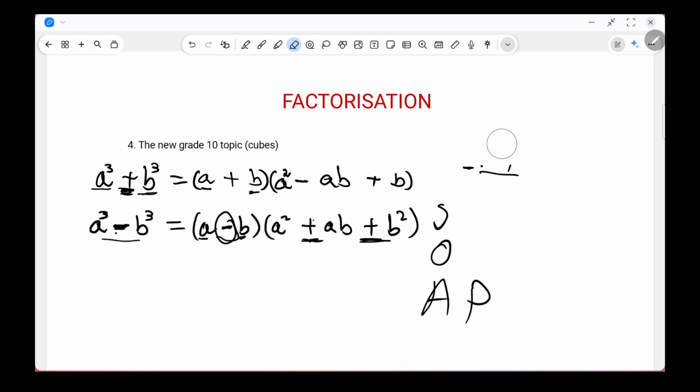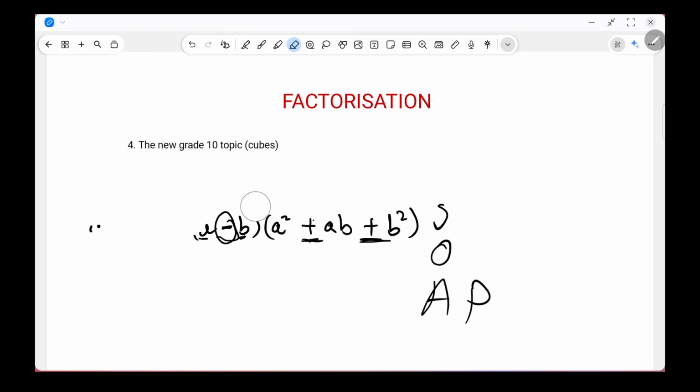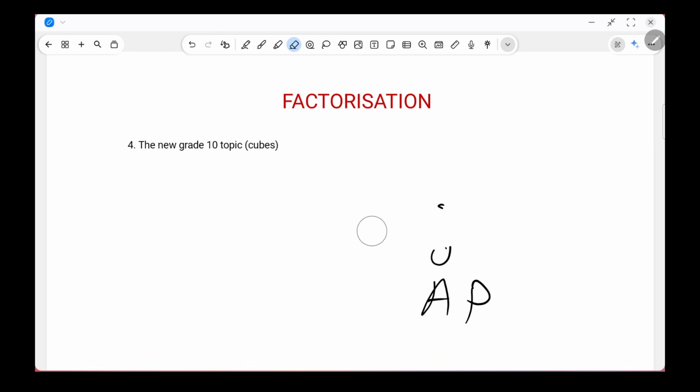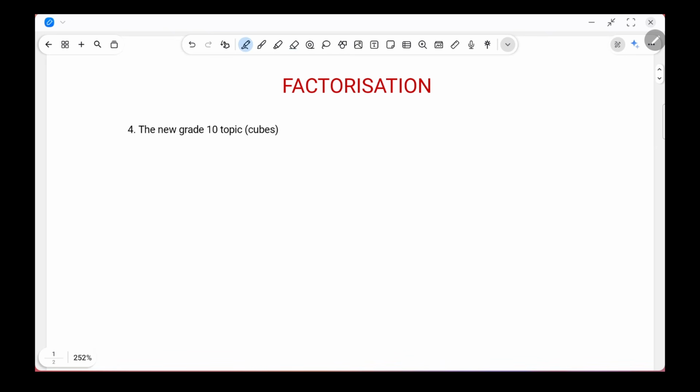Let me give you an example. Let's say we have a problem, x cubed plus 8. To factorize this, first check if both are cubes.